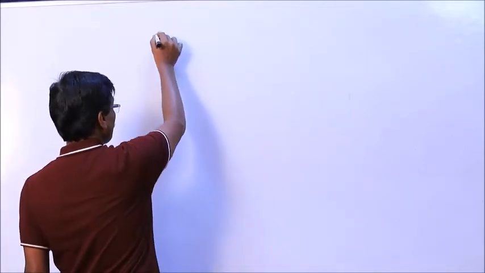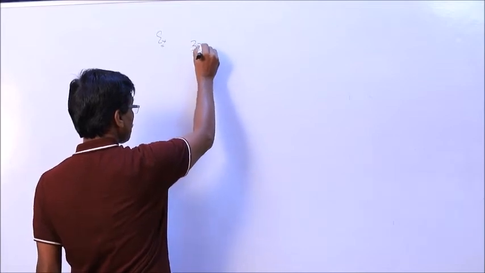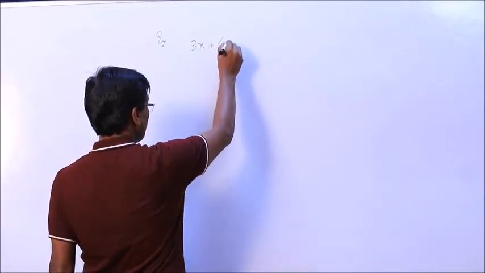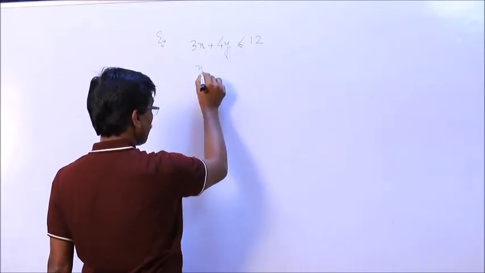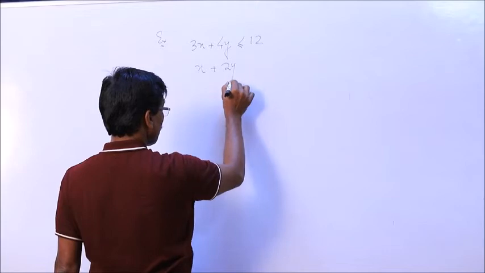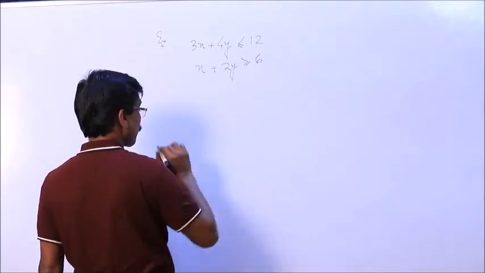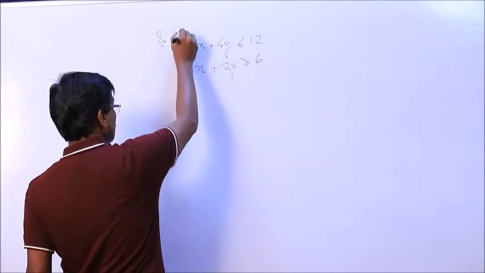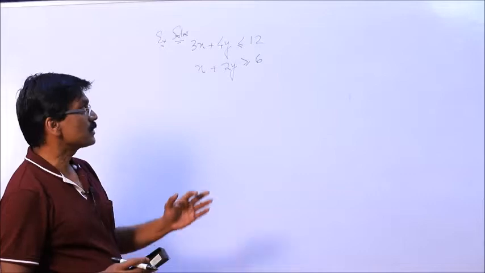Suppose we have two simultaneous inequalities, 3x plus 4y less than or equal to 12 and x plus 2y greater than or equal to 6, and we have to solve them.